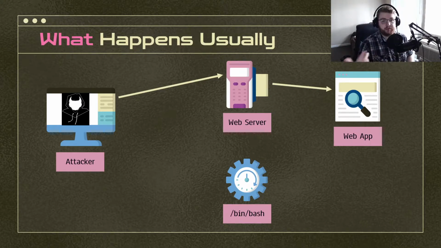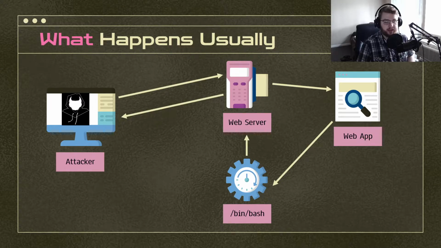The web app will process it, and whatever vulnerability or bug occurs will become exploited and start executing the arbitrary code that the attacker wants to execute. That arbitrary code is going to spawn a bash shell, which is then able to reach back out to the attacker and start talking to them. So this is how the attacker over here can have access to a bash shell that's running on the web server.